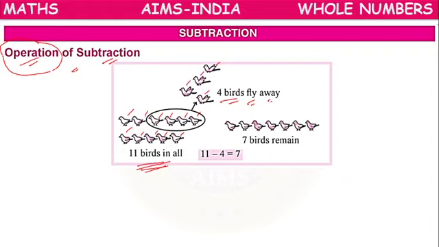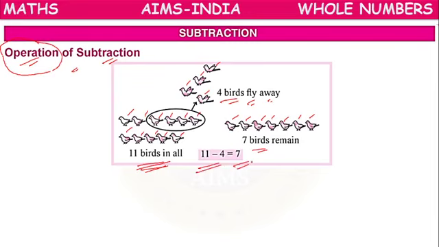Now how many birds are remaining? Out of 11, if 4 of them fly away, what will be the remaining number of birds? 1, 2, 3, 4, 5, 6, 7. 7 birds will remain. So 11 minus 4 results in 7.